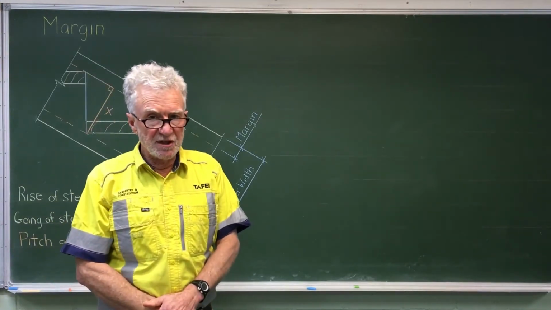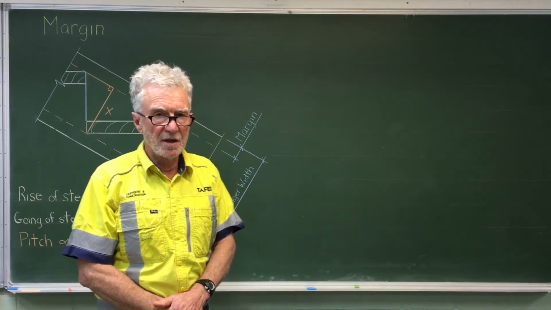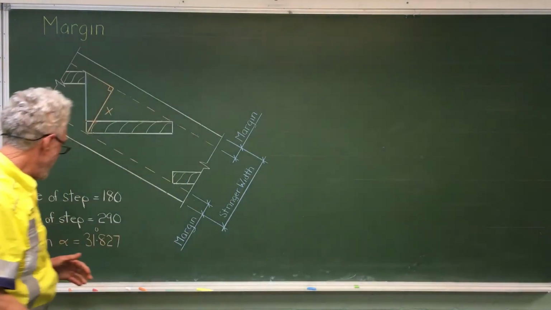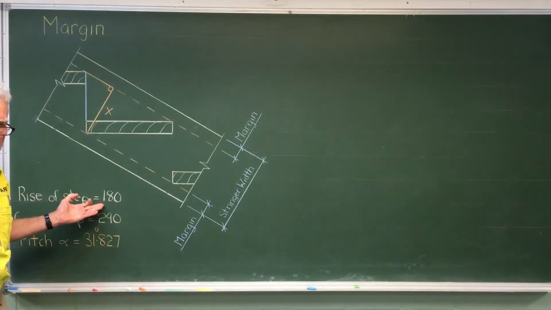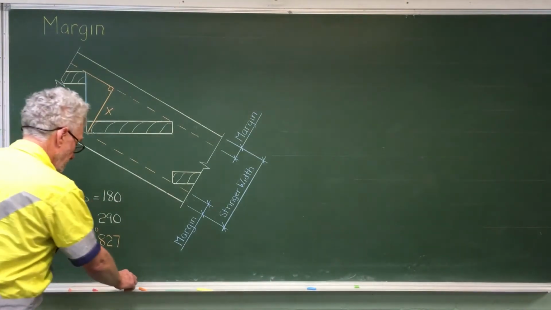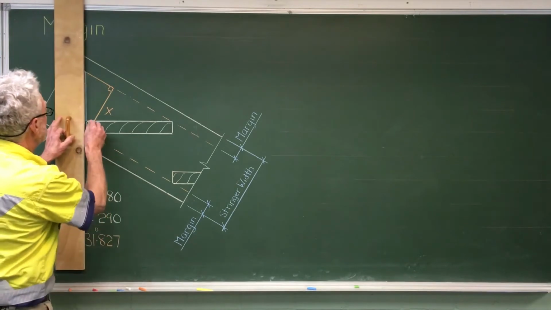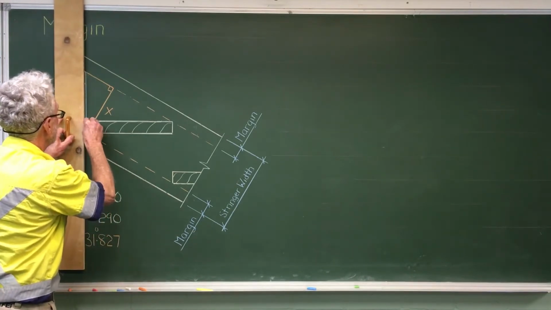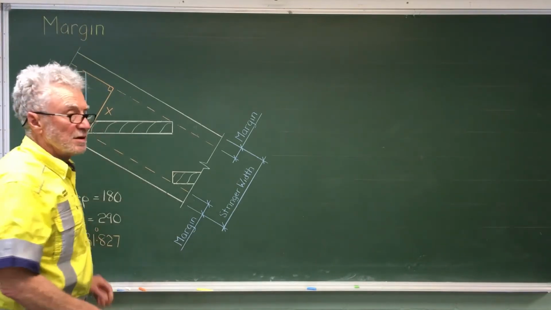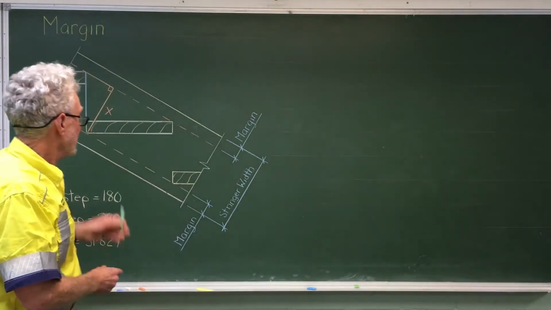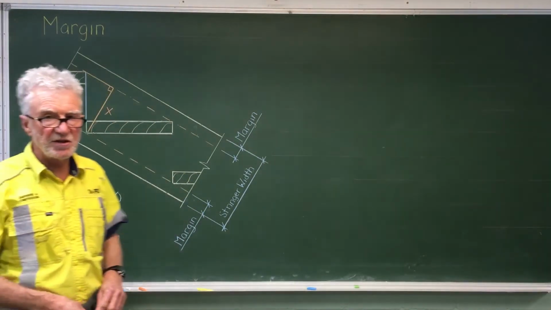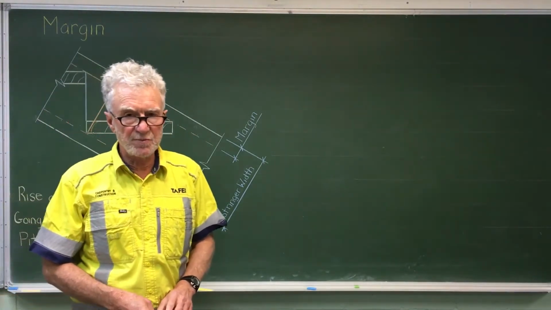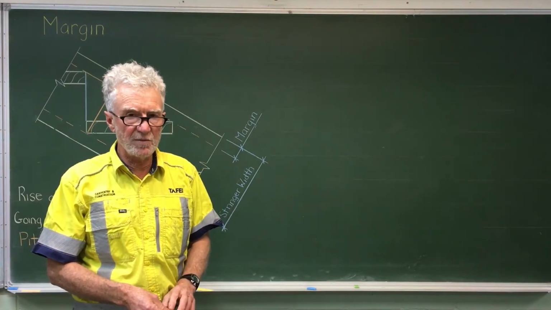That blue distance is the rise of a step, and we previously calculated that to be 180 mil. That green distance is the thickness of the tread, and this has been given to us as 45 mil.